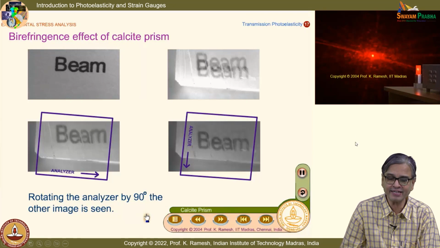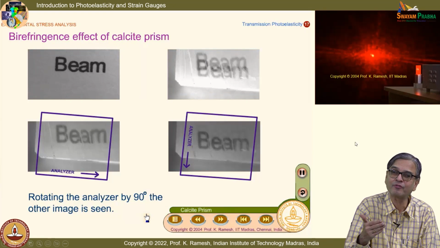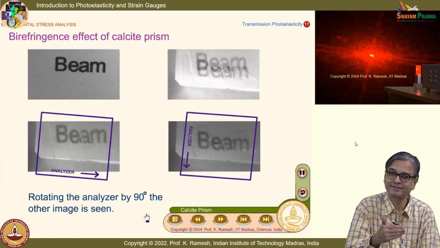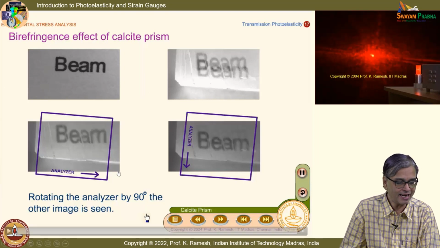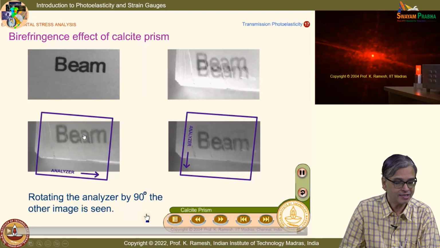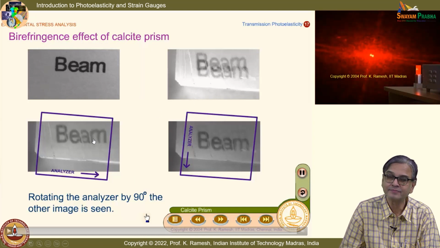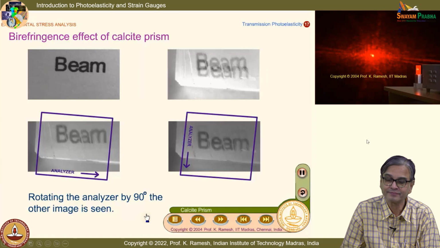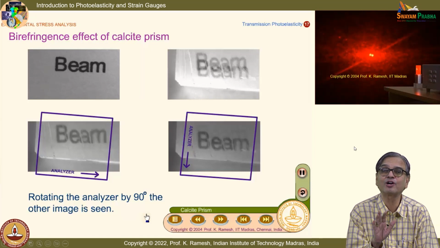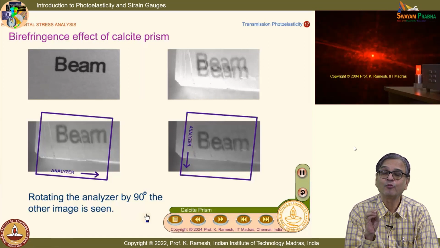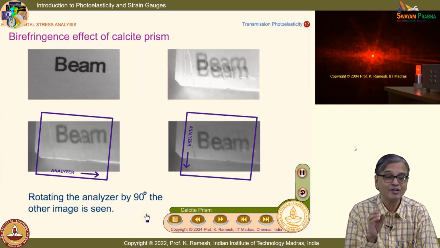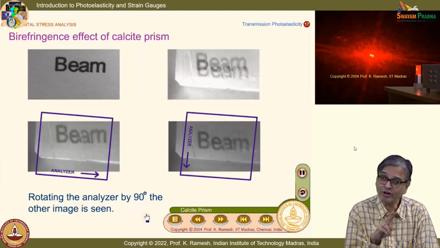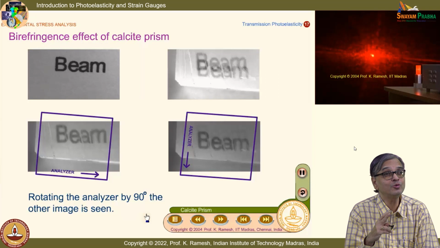And you have already seen how to investigate a polarized beam of light. I put an analyzer, fine. And I have put an analyzer in this fashion, and you could very clearly see, I see only the top image. And when I put the analyzer perpendicular to this, you see only the bottom image. So, this clearly brings out that the two images in a crystal are polarized, and they are also mutually perpendicular.